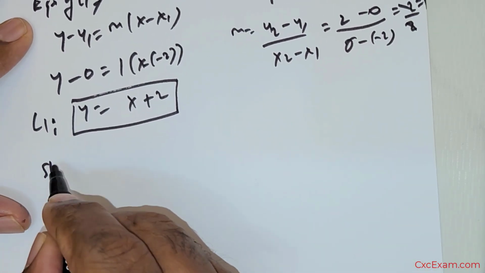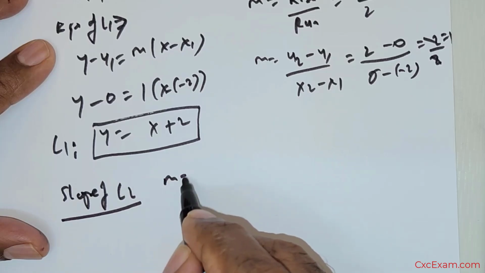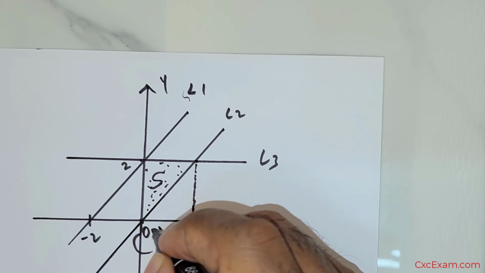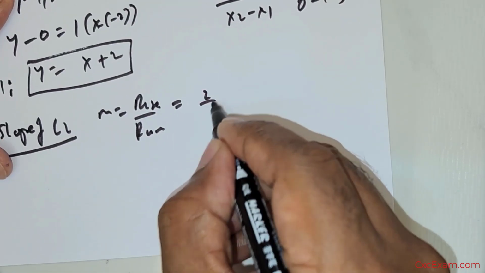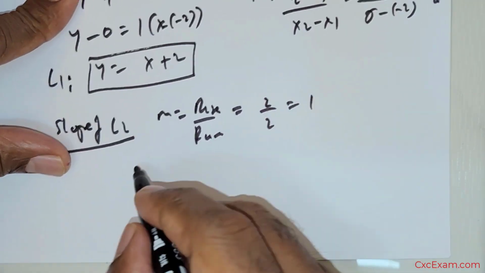So slope of L2, m is equal to rise divided by run. So again you see rise, it's rising 2 units and running 2 units. So 2 over 2 is equal to 1. Now it passes through 0, 0.